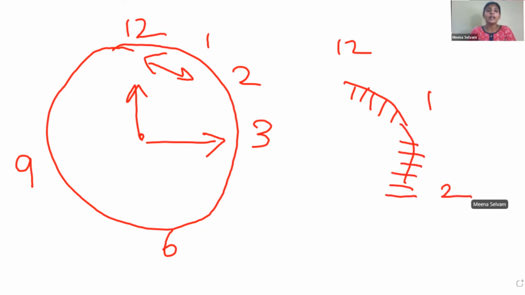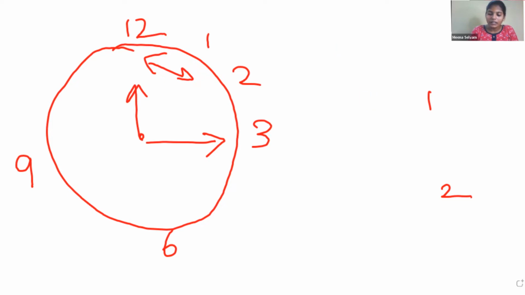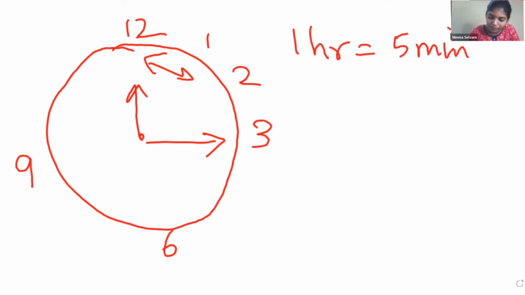Accordingly, we have the 60 minutes inside the clock. So for 1 hour, the hour hand moves 5 minute spaces. Only between 12 and 1, those 5 divisions, the hour hand will move.